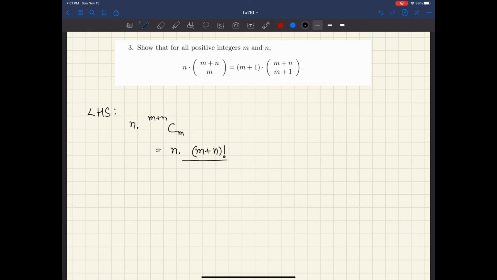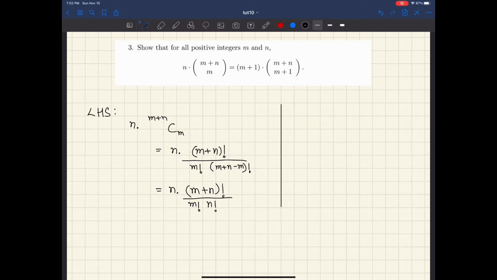The formula for combinations is n factorial over r factorial into (n minus r) factorial. So using that, we get n times (m plus n) factorial over m factorial n factorial.